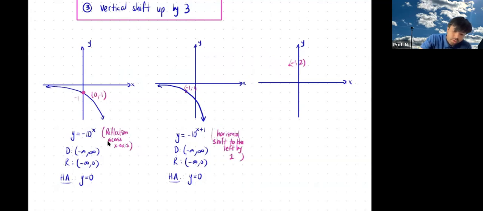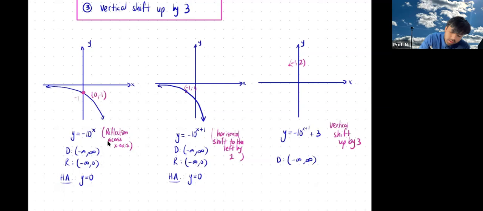And then the full thing is -10 to the x plus 1, plus 3, or 3 minus that. That's going to be a vertical shift upward by 3. Vertical shift up. Do you guys understand this play by play that I'm doing here?